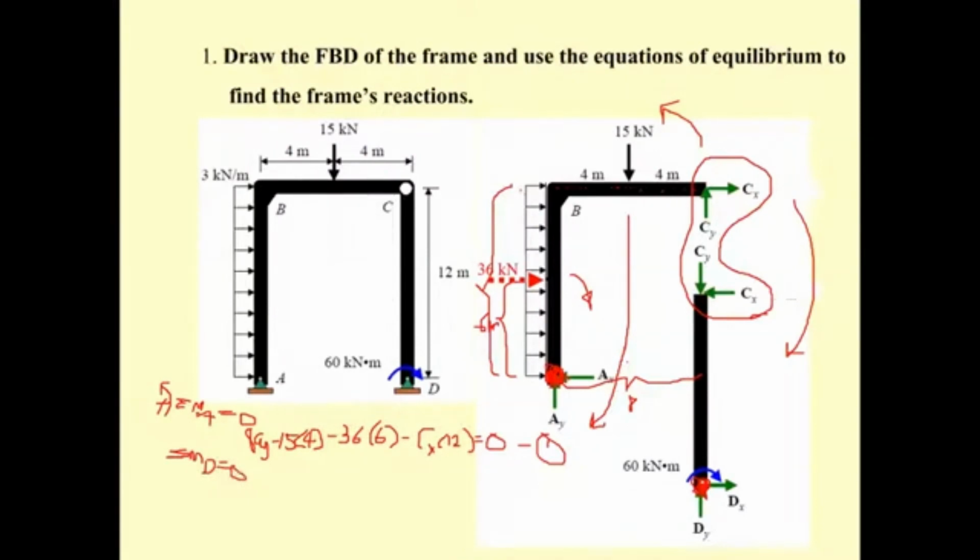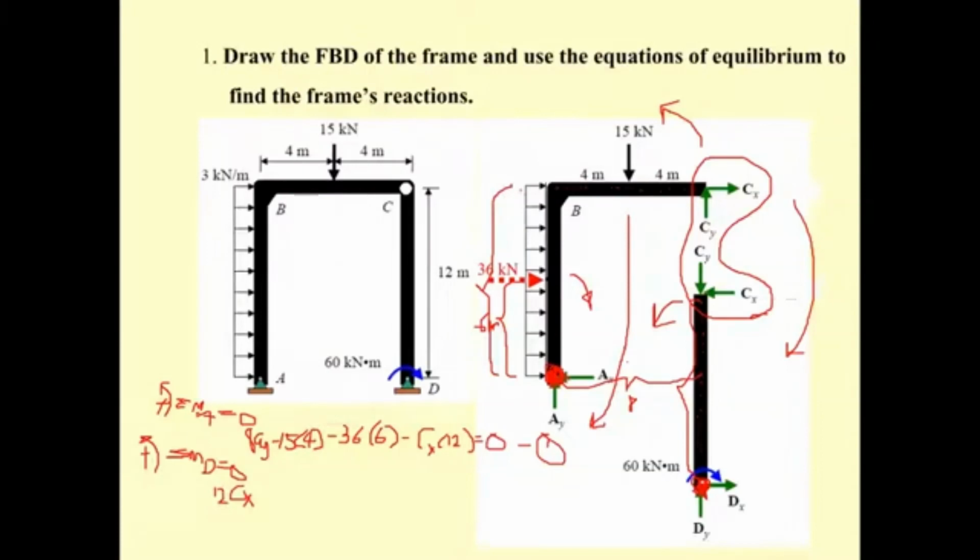What we have is that c sub y produces no moment. You have only c sub x, which acts like this, so counterclockwise by c sub x is positive. So c sub x is going to time what? This is going to be the total of 12 meters. So you times this by 12.